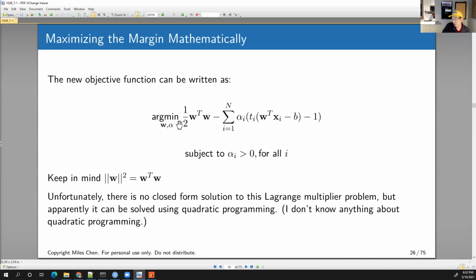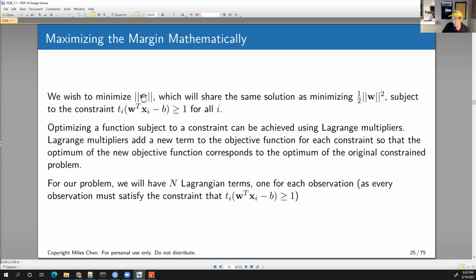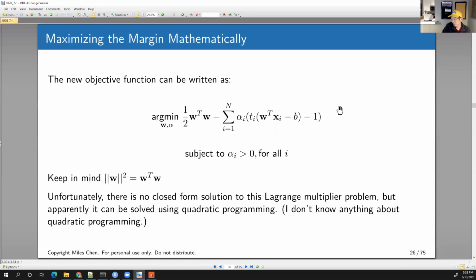We want to find the W that's going to minimize the norm. Basically, this is the norm squared. Analytically, it ends up being easier to minimize W transpose W, and we're just multiplying it by 1/2, I guess because it makes our calculations easier later.